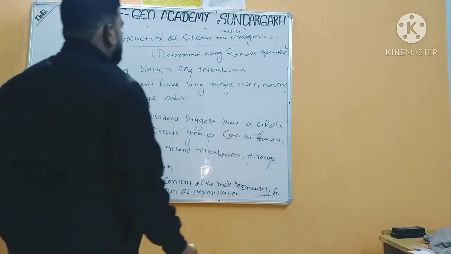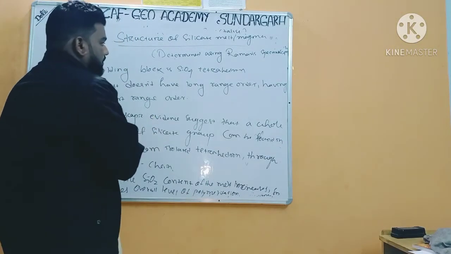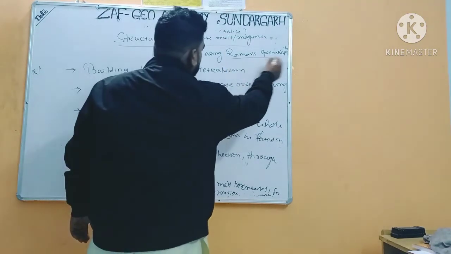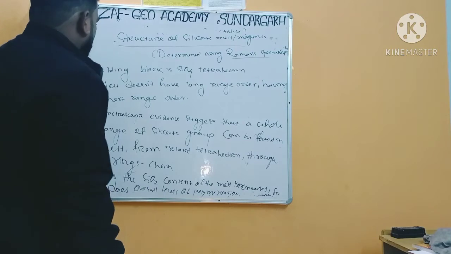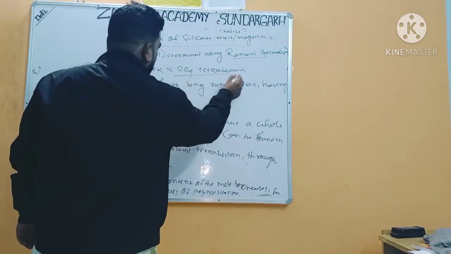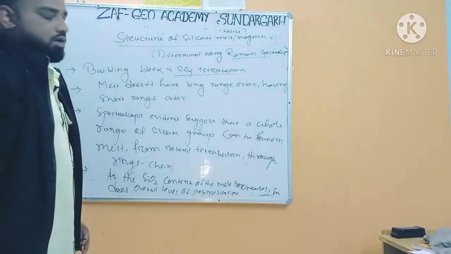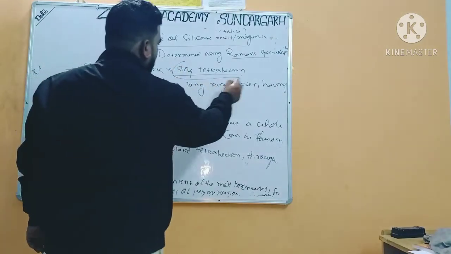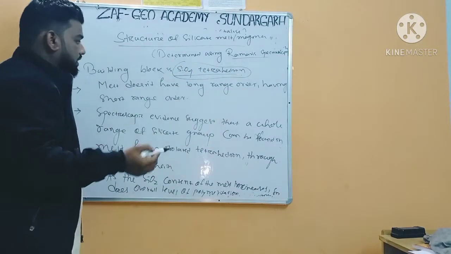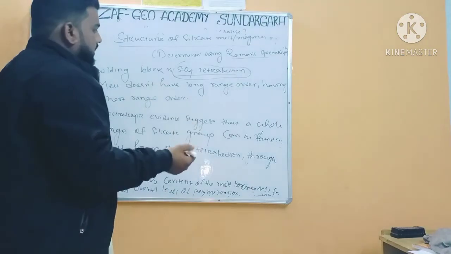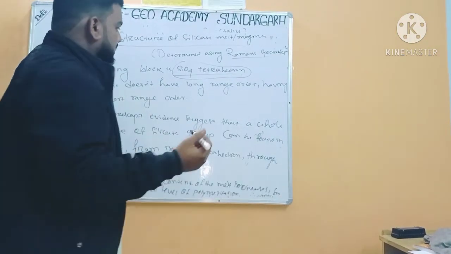So here is the structure of silicate melt or magma. This is basically determined using Raman spectroscopy. The building block is the SiO4 tetrahedron. In the silicate melt we will find the SiO4 tetrahedron from low range order to high range order, from isolated nesosilicate to framework silicate structure.